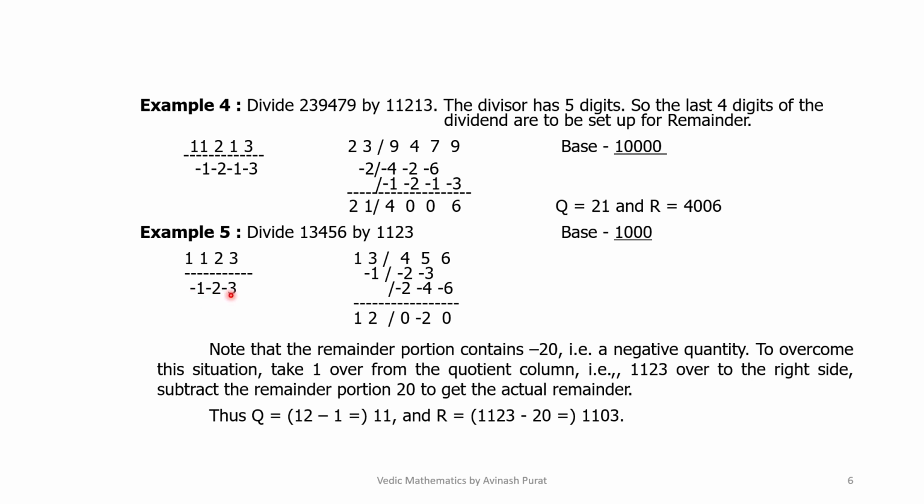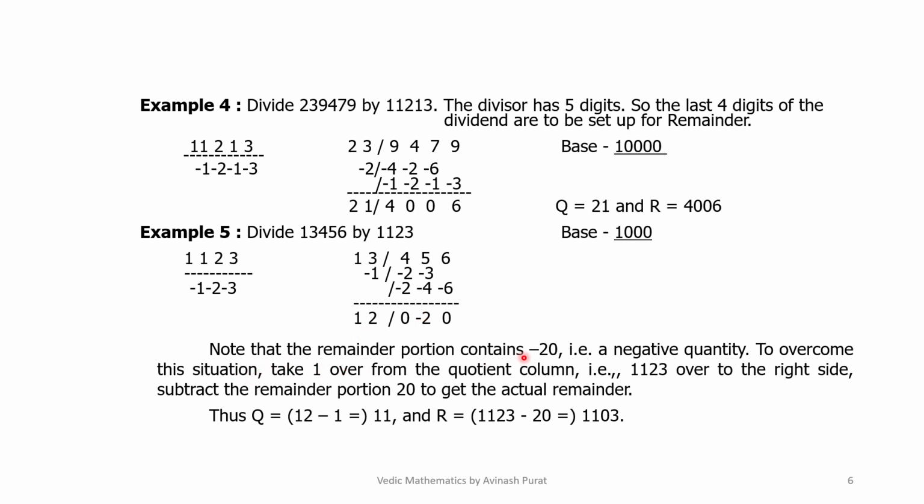So minus 1, minus 2, minus 3. 13 stroke 456. 1 is taken down. 1 multiplied by minus 1, minus 2, minus 3 is minus 1, minus 2, minus 3. 3 minus 1 is 2, and 2 multiplied by minus 1, minus 2, minus 3 is minus 2, minus 4, minus 6. So 6 minus 6 is 0. 5 minus 3 minus 4 is minus 2, and 4 minus 2 minus 2 is 0.